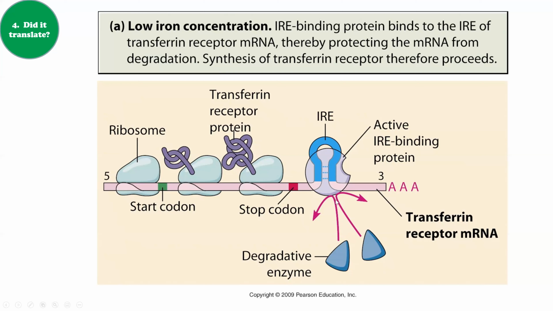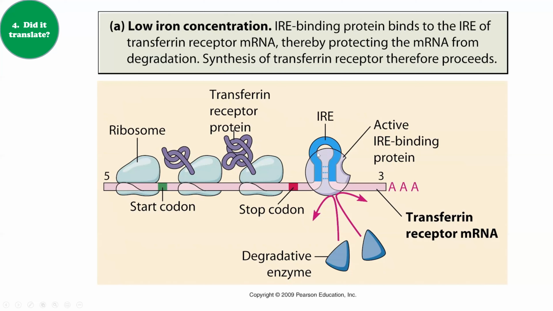Okay, so let's think about this. This all makes sense. When iron is low, you want to bring more iron into the cell. To do that, you're going to need more import proteins, more transferrin. So you're going to want to protect this RNA when you want more protein.